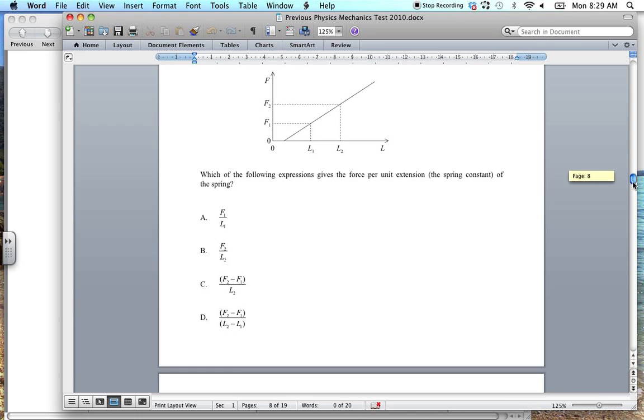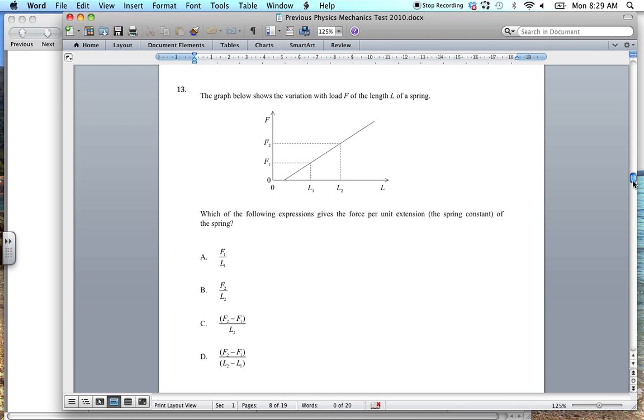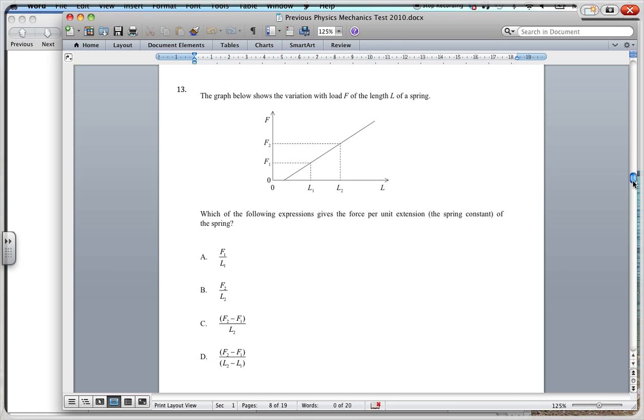Question 13. It says the graph shows the variation with load F of the length L of a spring. Which of the following expressions gives the force per unit extension? So we're going to get a Newton per meter to the negative 1, the spring constant of the spring. Now, this is looking at a force per unit extension, so we're actually looking at a point where you've got a directly proportional relationship here.